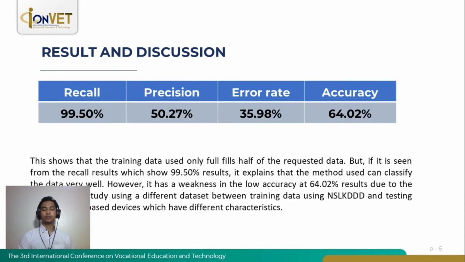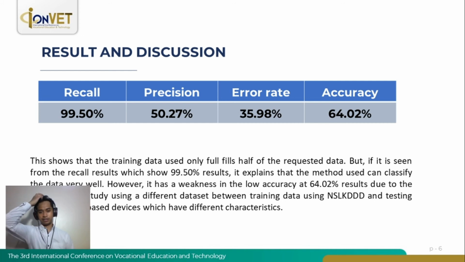From this confusion matrix, we can get the recall, precision, error rate, and accuracy table like this. This shows that the training data only fulfills half of the requested data. You can see the precision is only 50.27%.